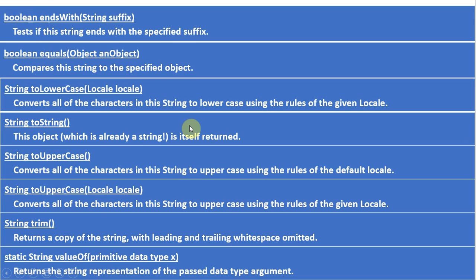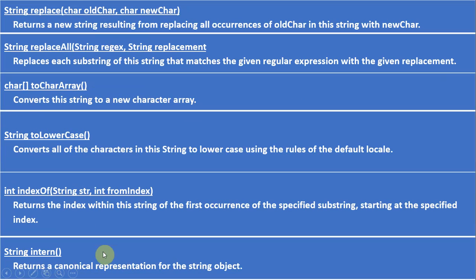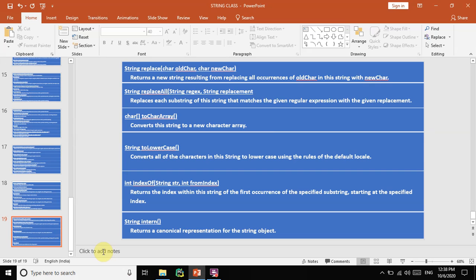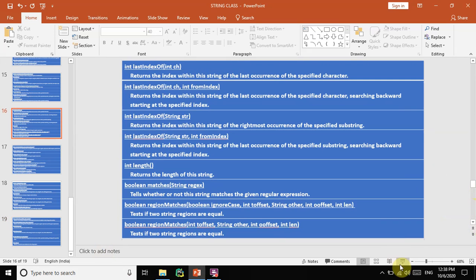And there are methods for converting the data into uppercase and lowercase. So many methods are there. These are all string methods. So that is about strings and the String class. Thank you.